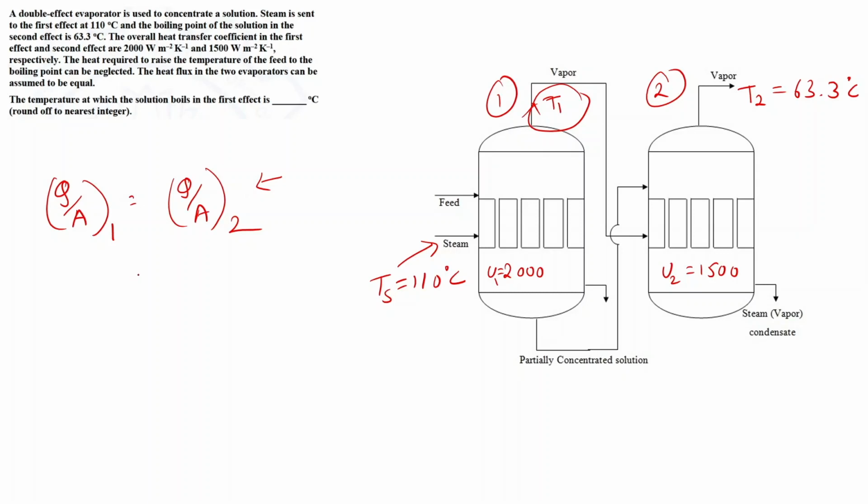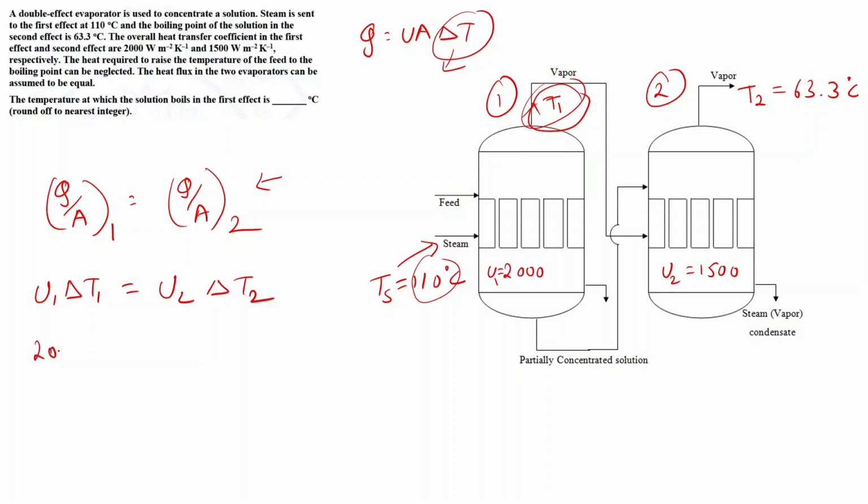Based on the overall heat transfer coefficient, we can write Q as U A delta T, where delta T is the inlet minus the outlet temperature. For the first effect evaporator, the inlet temperature is 110 and the outlet is T1. Similarly, for the second, this vapor is going into the inlet stream, so delta T2 would be T1 minus T2. So we write U1 delta T1 is equal to U2 delta T2.